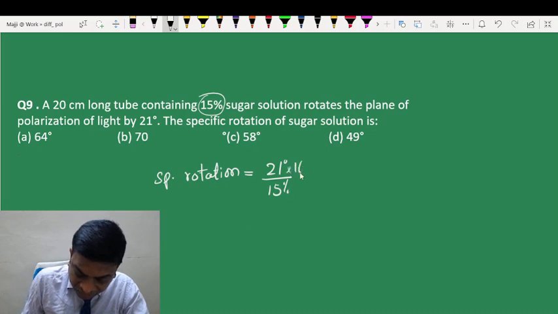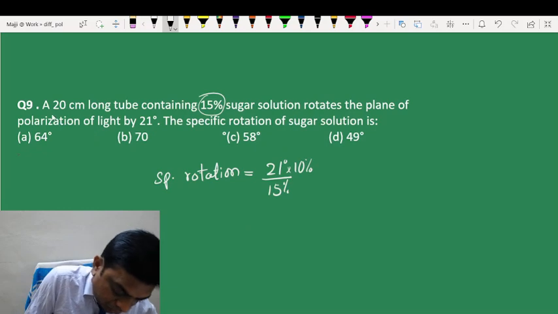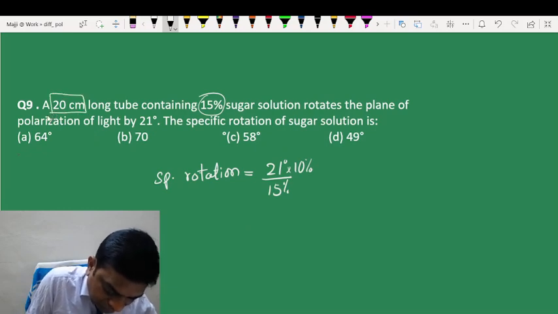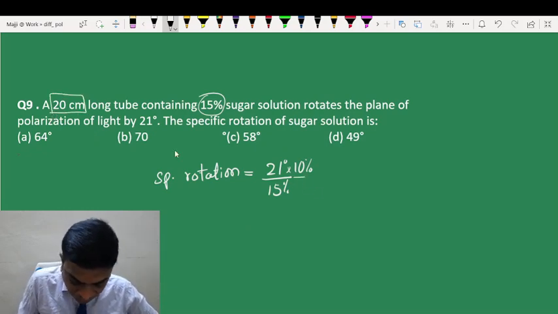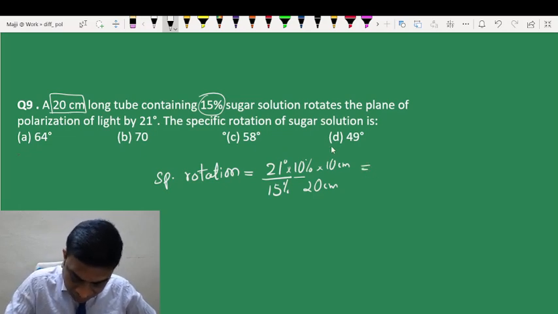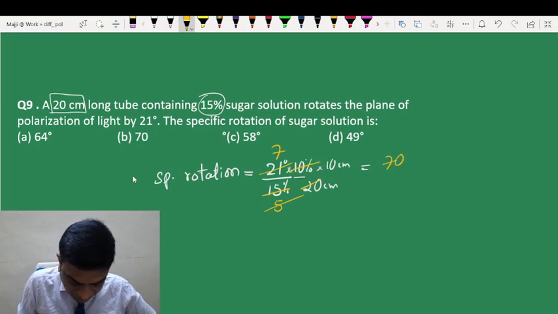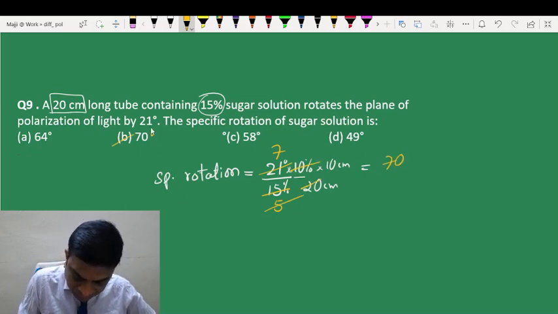So for 10% it must be this much because it is proportional to the concentration. And also we require for 10 centimeter, not for 20 centimeter. So for 20 centimeter it is this much. So for 10 centimeter it will be this much. So when you cancel this, you will get the answer. Okay, so 3 5s are, 3 7s are, 5 2s are 10. So 70 is the answer. 70 degrees is the answer.